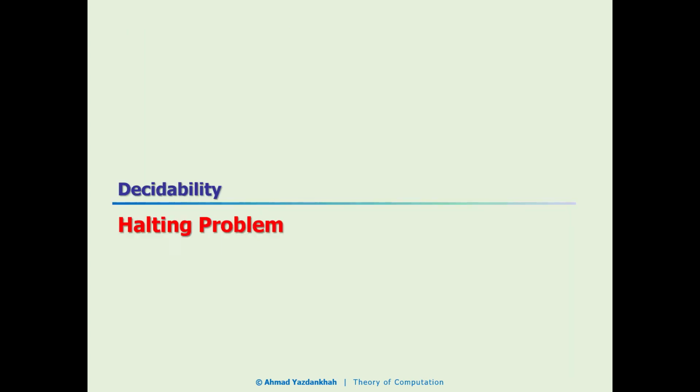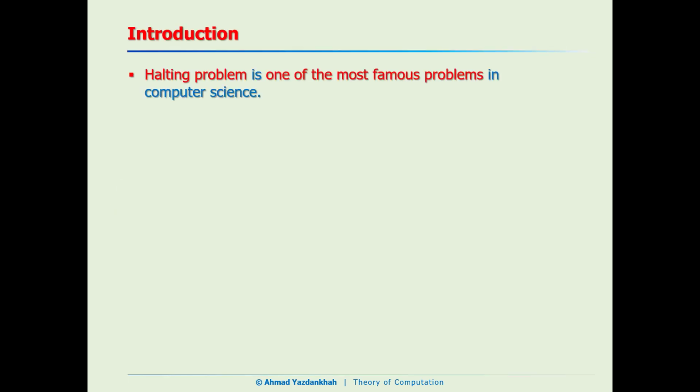In this section, we want to talk about one of the most important and one of the most famous problems in computer science, called the halting problem. This is actually a theorem that shows the limitations of computation.